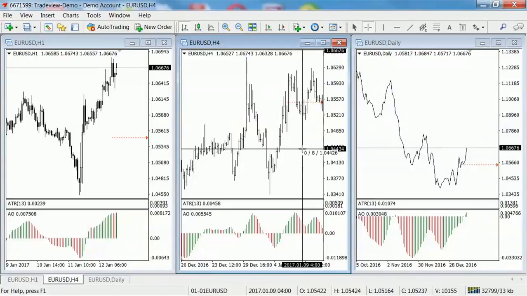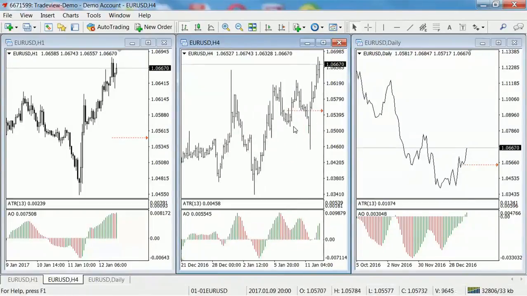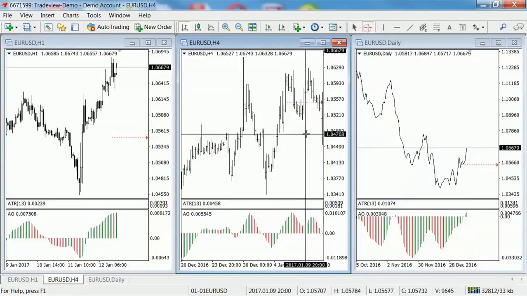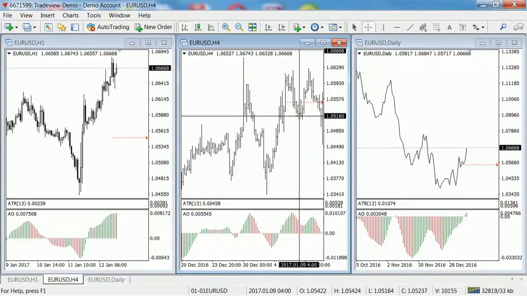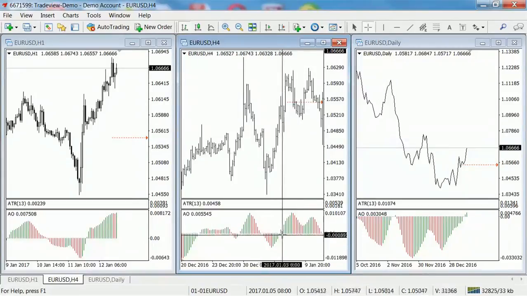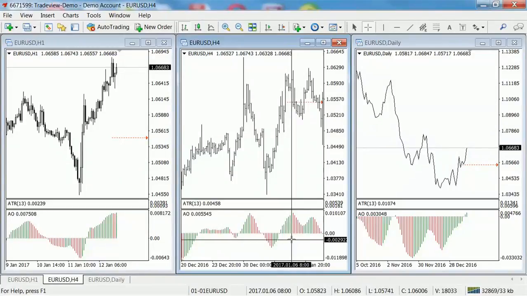You will observe that even though it does break out to the downside there and we have a sell, the oscillator is above zero, so it's not the best time to short. Always make sure there is a divergence and that the oscillator is below zero. That's the best time to short, and the best time to long is when the oscillator is above zero.